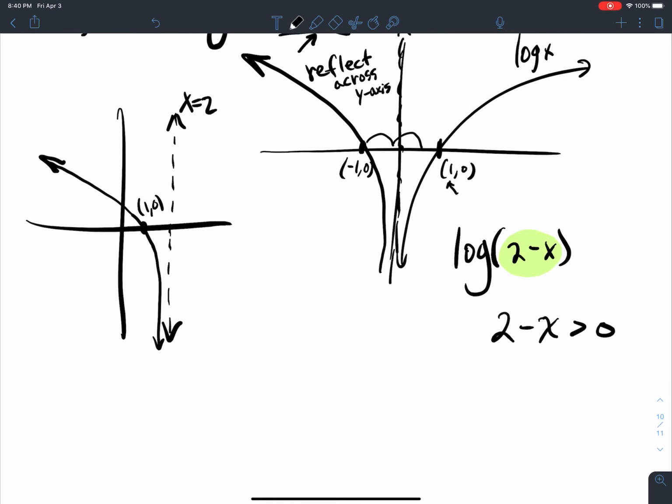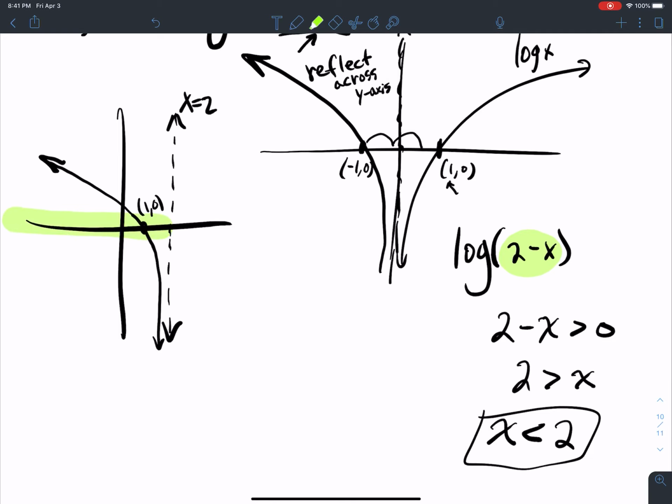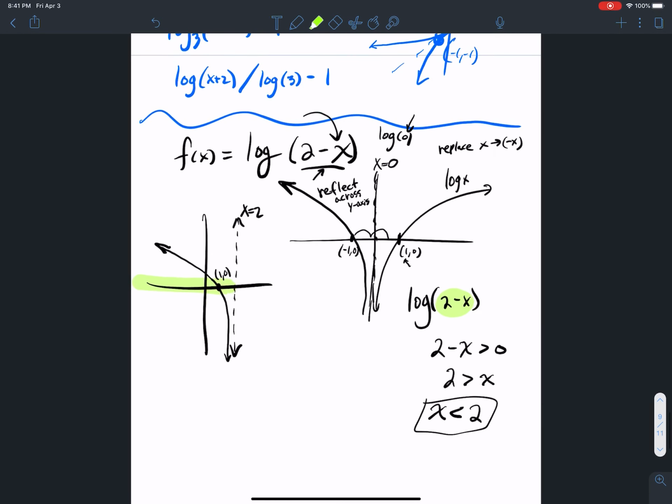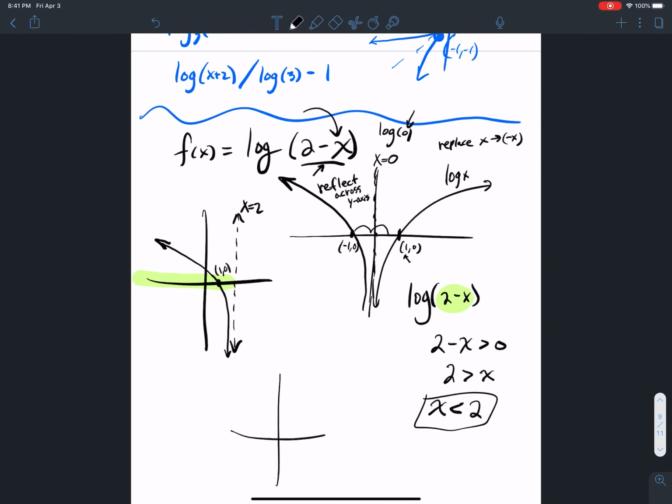Well, that's only true for x smaller than 2. So that's like the opposite of my thinking. So x smaller than 2 are all these values over here. So it literally takes my log curve, which normally looks like this, and reflects it about the y-axis.